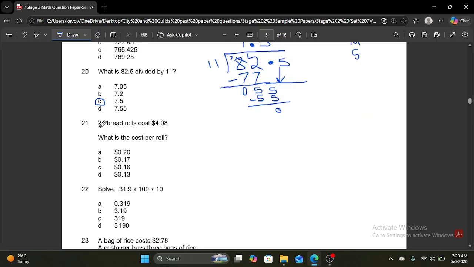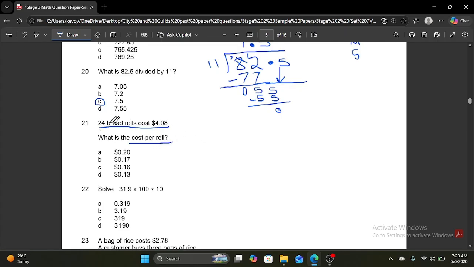Question 21. 24 bread rolls cost $4.08. What is the cost per roll? So if 24 bread rolls cost $4.08, and we want to find the cost for one, we'll have to divide.